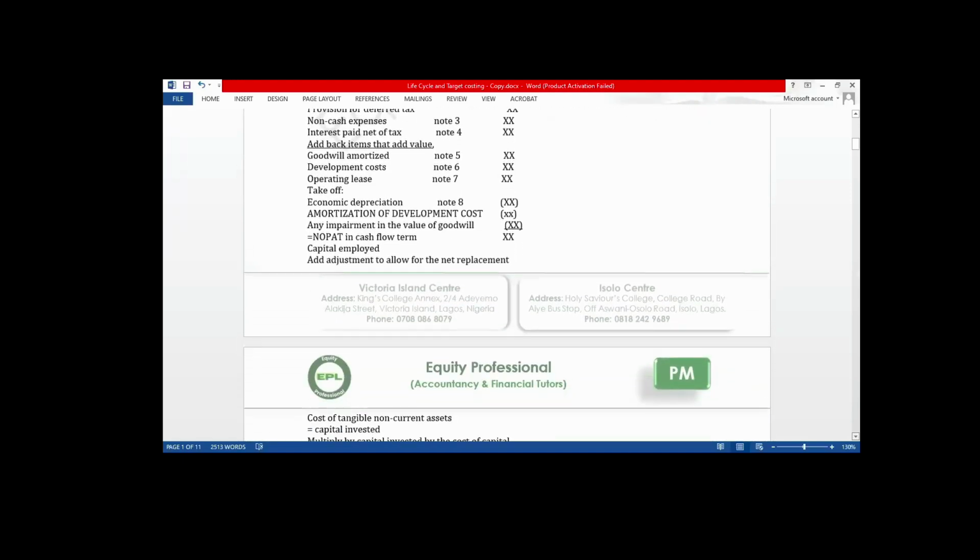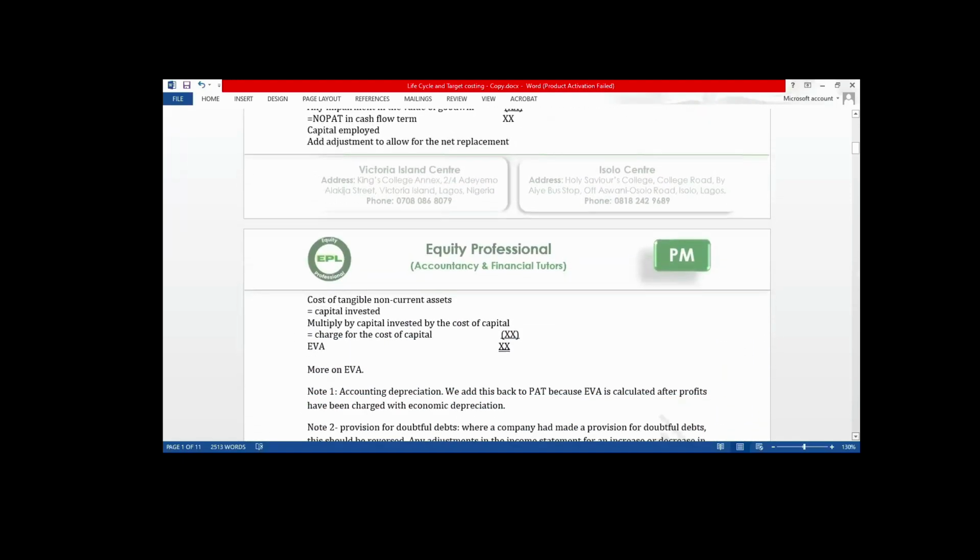Then you now have your NOPAT, net operating profit after tax. This is how to determine your net operating profit after tax that is required for the calculation of economic value added. All right, next discussion.